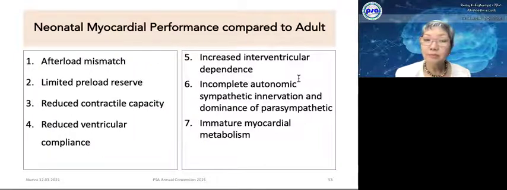We also need to remember that neonatal hearts have increased interventricular dependence. So what happens on the left affects the right ventricle and vice versa. There's reduced ventricular compliance, reduced contractile capacity, limited preload reserve, and there can be an afterload mismatch.